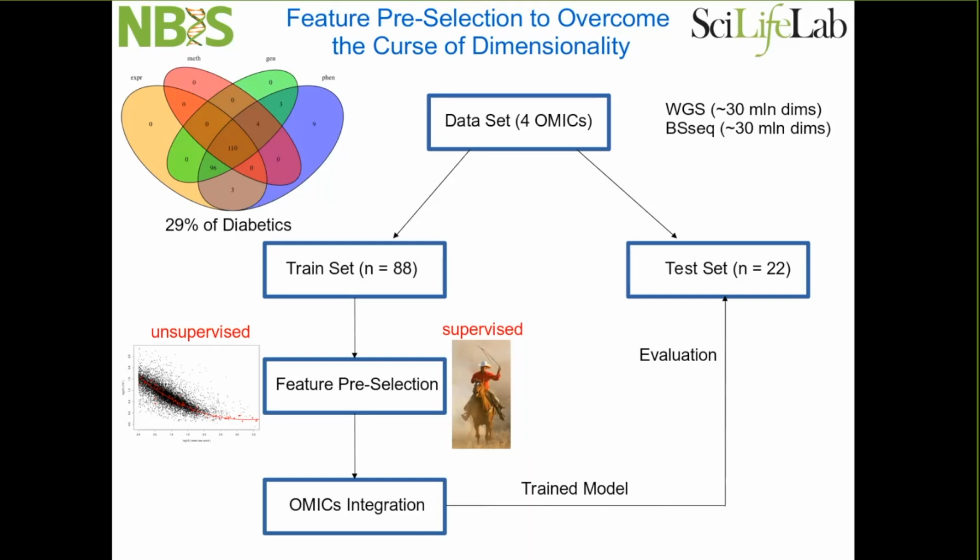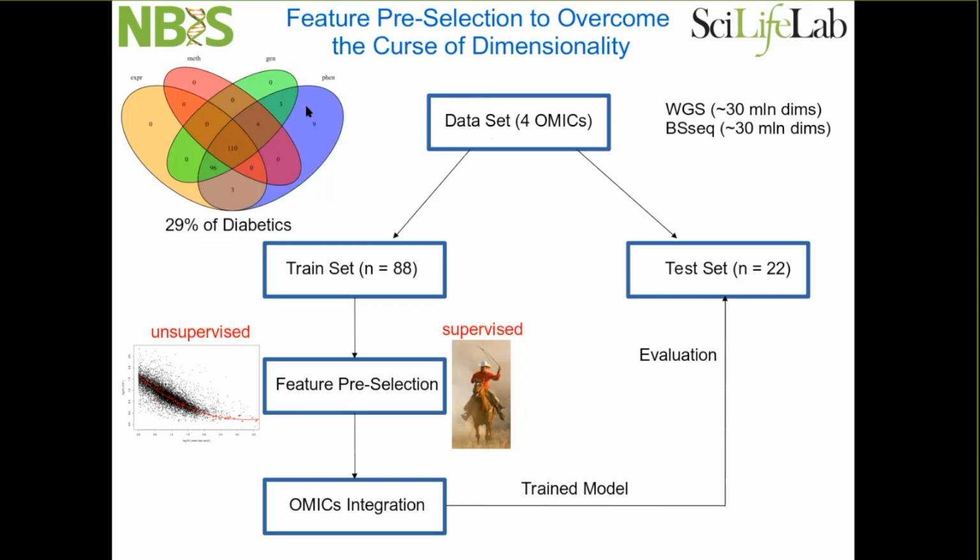It's not written in stone. You might disagree. You might have better ideas. So please let me know if you have better suggestions. But this is how I see applying machine learning to multiple data types in computational biology.